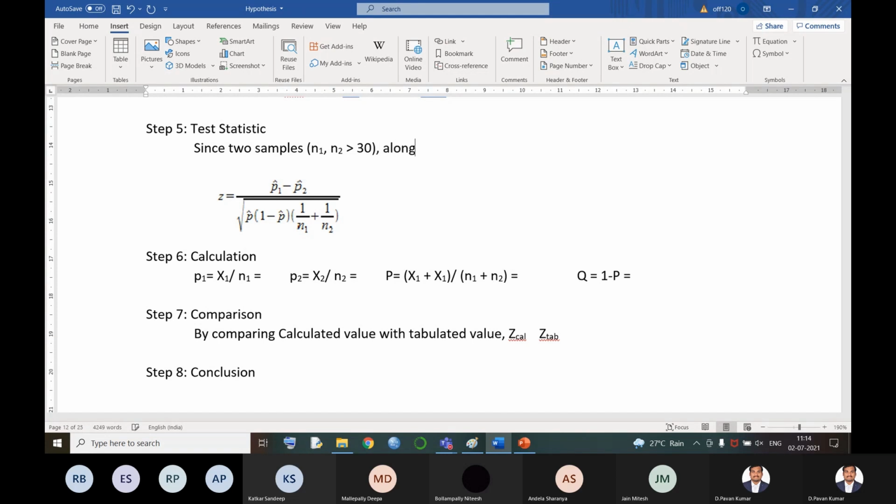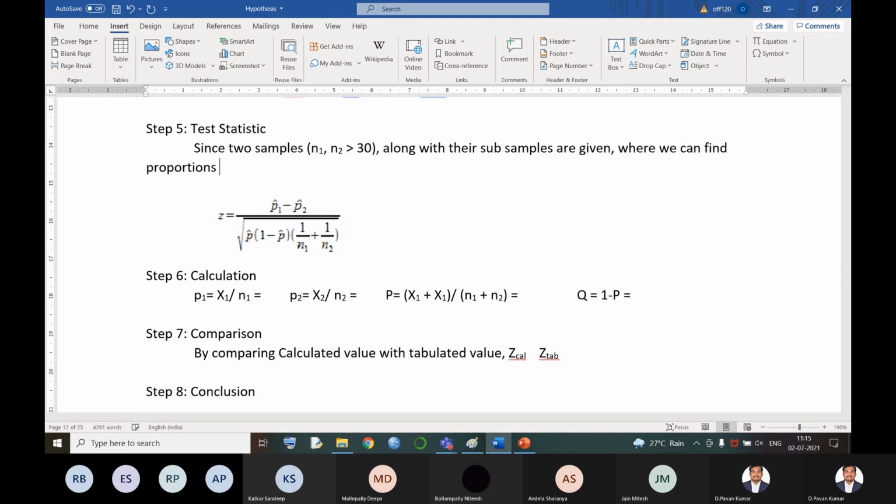Two samples along with their subsamples are given, from which we can find proportions.